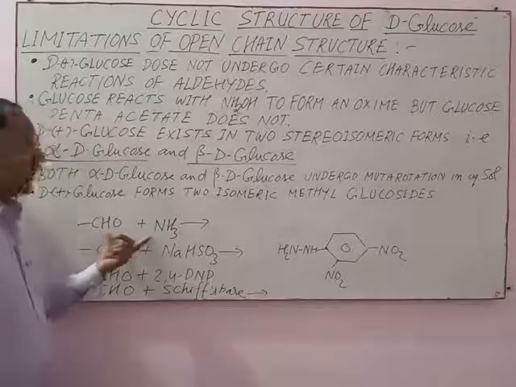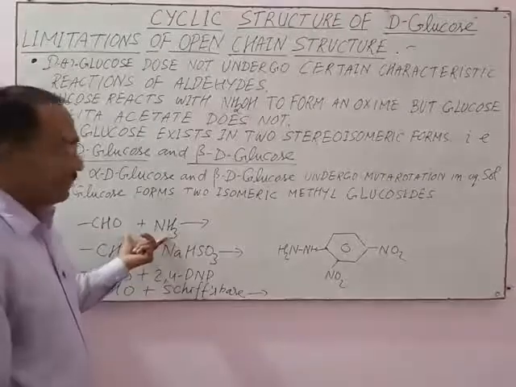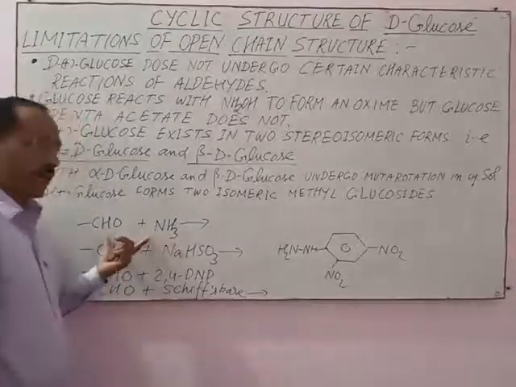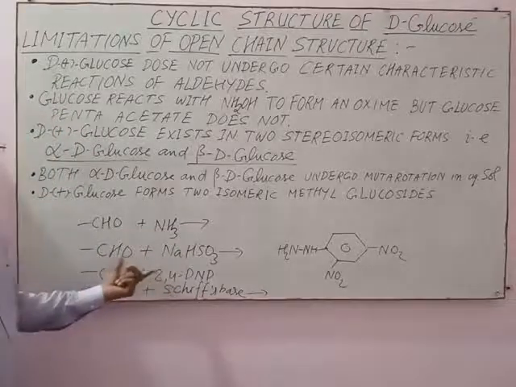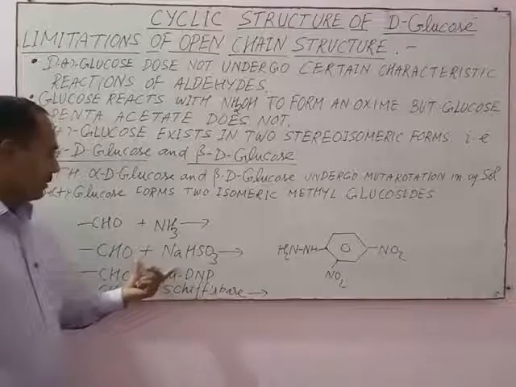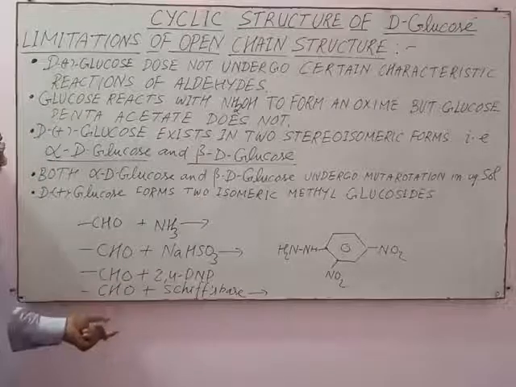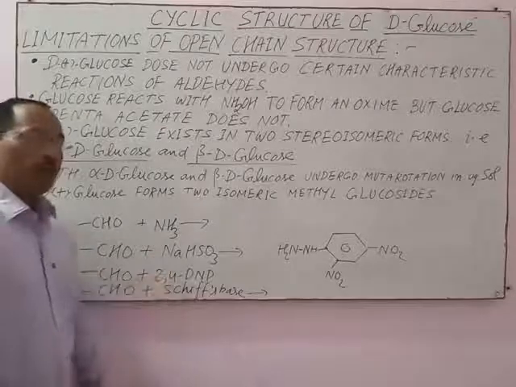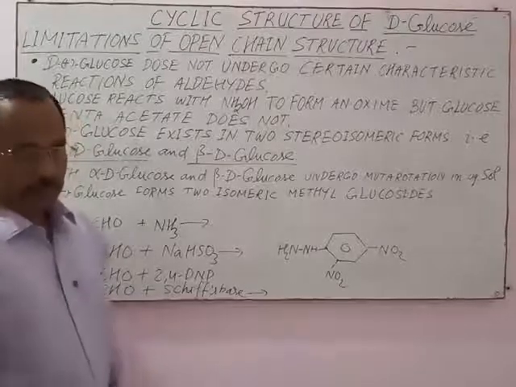These are the characteristic reactions of an aldehyde. It means when a compound gives an addition product with ammonia, it contains an aldehydic group. When a compound gives an addition product with sodium bisulfite, it contains an aldehydic group. And if a compound contains an aldehydic group, it must give the 2,4-DNP test as well as the Schiff test.